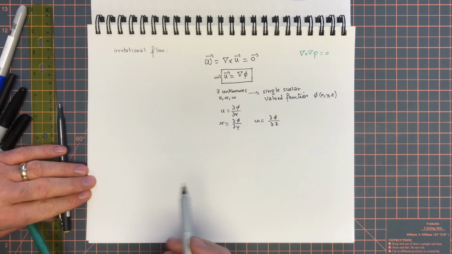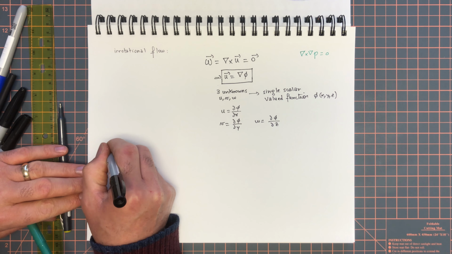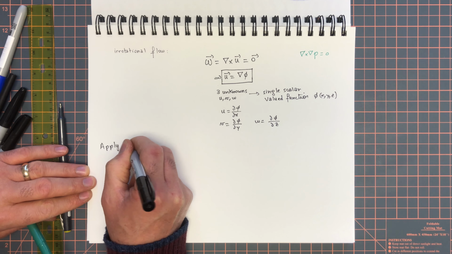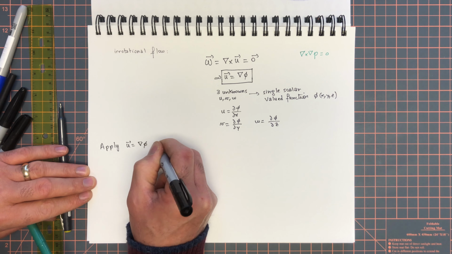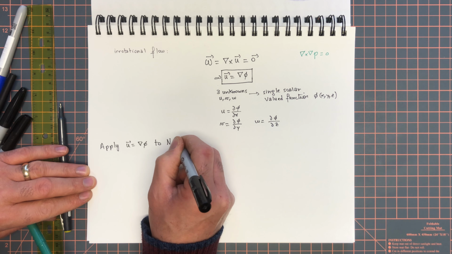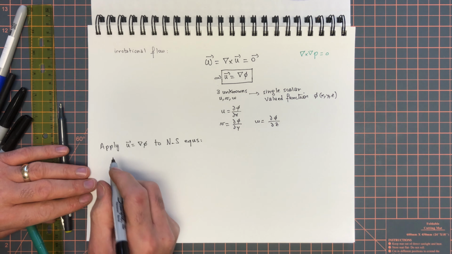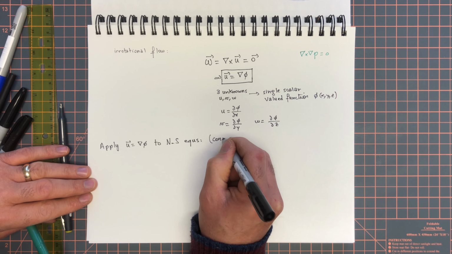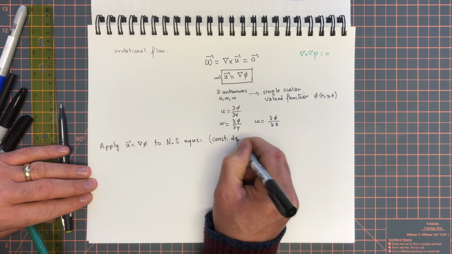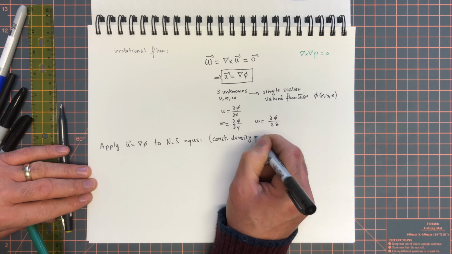Now, if that's the case, we can take this idea that u is equal to grad phi and apply it to the Navier-Stokes equations. We will be doing this for constant density flows.